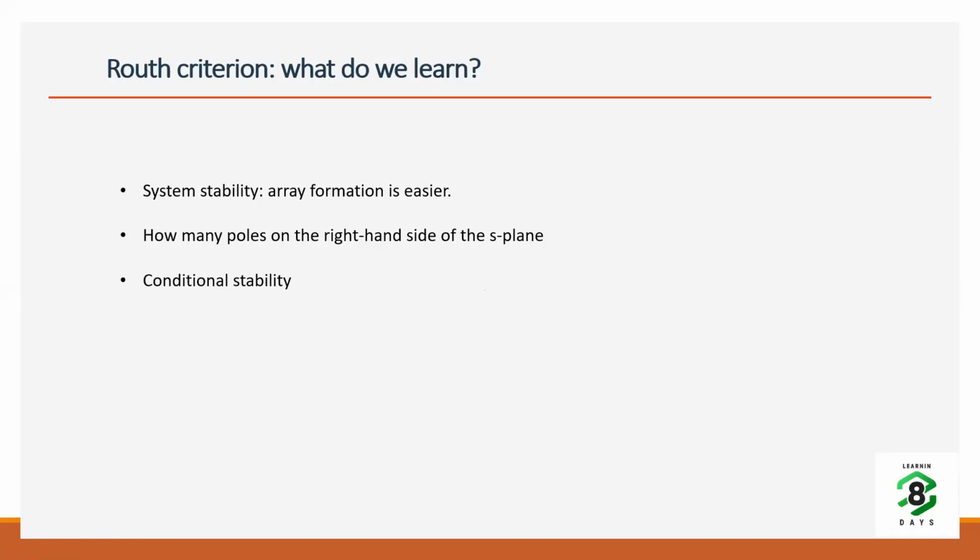It says whether the system is stable or not, but on top of that, it says how many poles are on the right hand side of the S-plane. And this is a very common question on most of your competitive exams, including GATE. Find out how many poles are there on the right hand side of the S-plane.